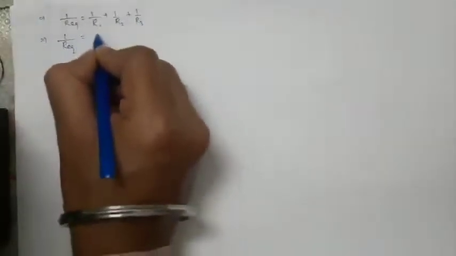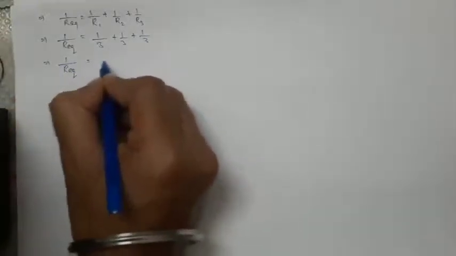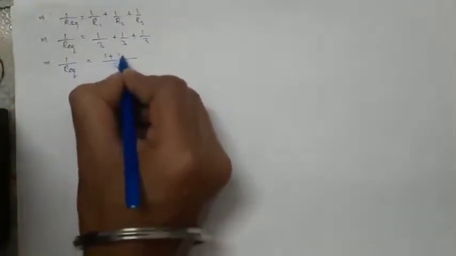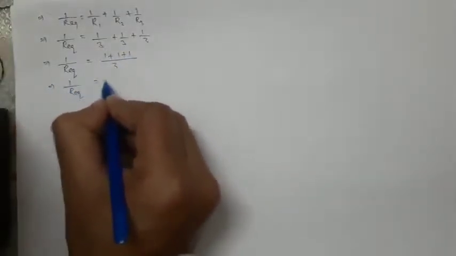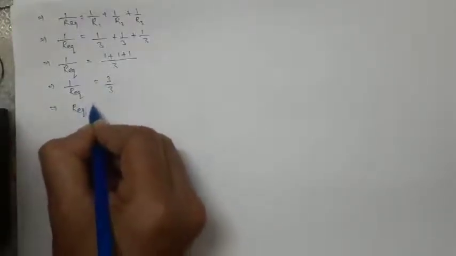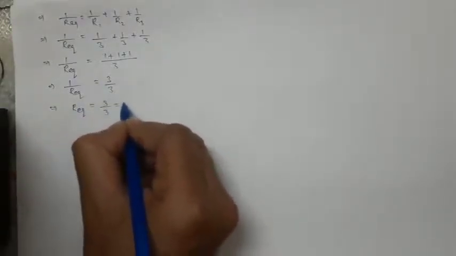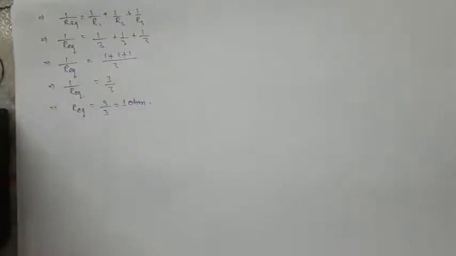Now we put the values of R1, R2 and R3, that is 3. So 1/3 plus 1/3 plus 1/3 is 3 upon 3, that is R equivalent equals 1 ohm. Okay.